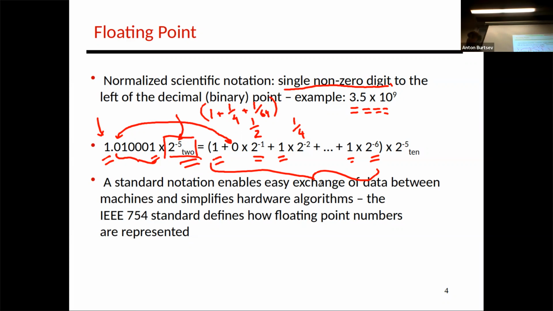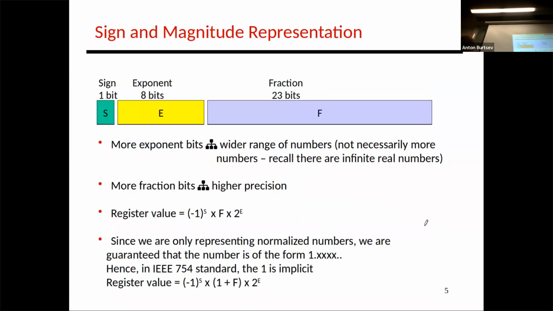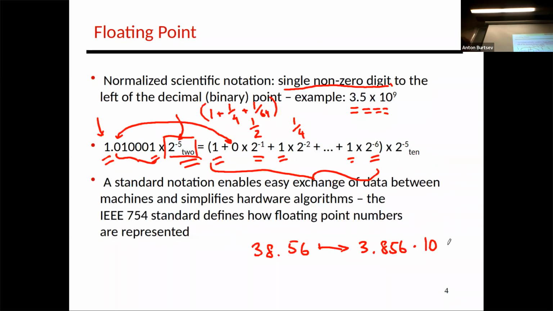So if your number is not normalized, something like, again, let me use a decimal number, 38.56, you first have to normalize it and say it's 3.856 multiplied by 10 to the power 1.